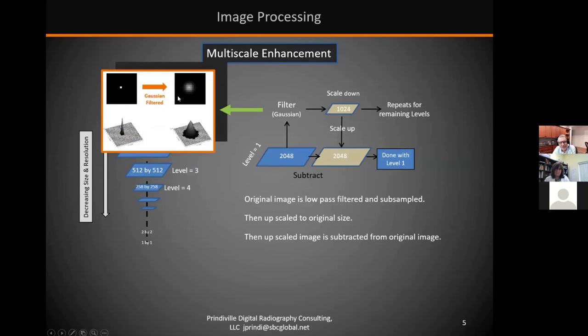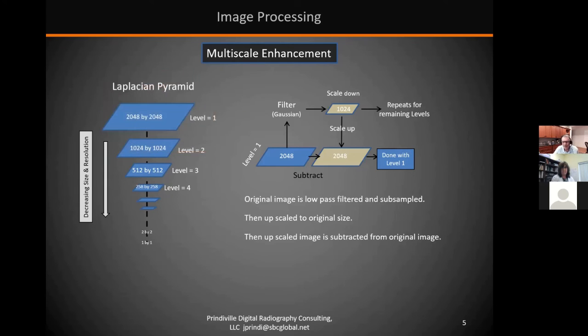When I apply a Gaussian filter to it, I'm going to blur that across a region, and the region's determined by the size of my filter. So I'm going to blur that point out. The amplitude's going to go down. This is going to be darker in the middle, but I'm going to spread that intensity out over a region. So I'm going to blur that image before I scale it down.